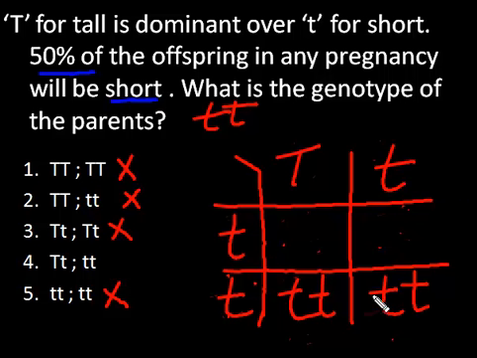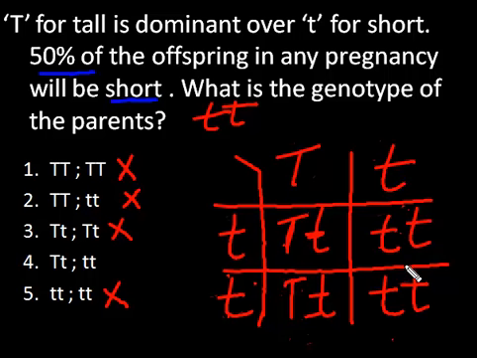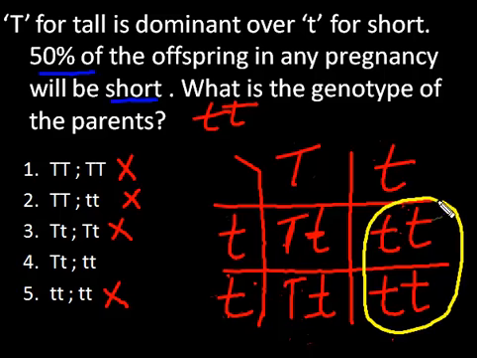Let's see if we get 50% short. This and this will be a capital T and a little t, and this and this will be little t. We do have 50%, I just had it in the wrong place, but it's okay.